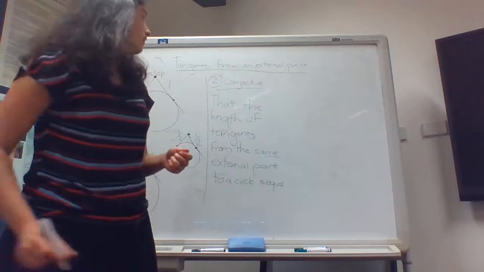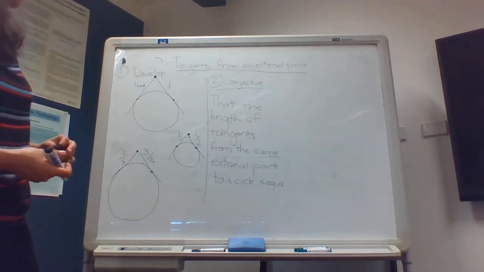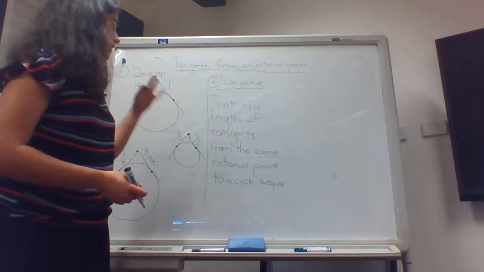That's my conjecture: the length of tangents from the same external point to a circle is equal.